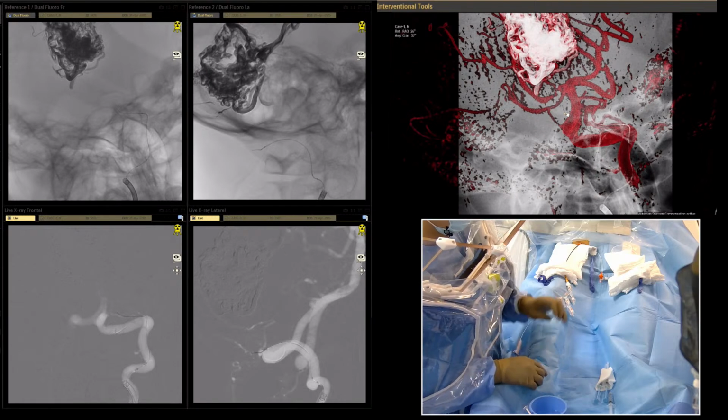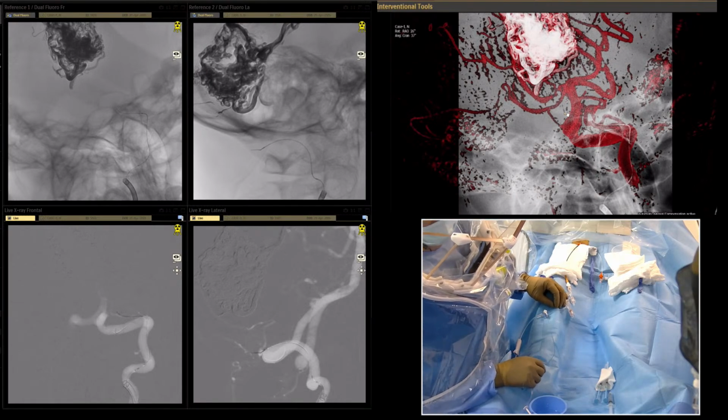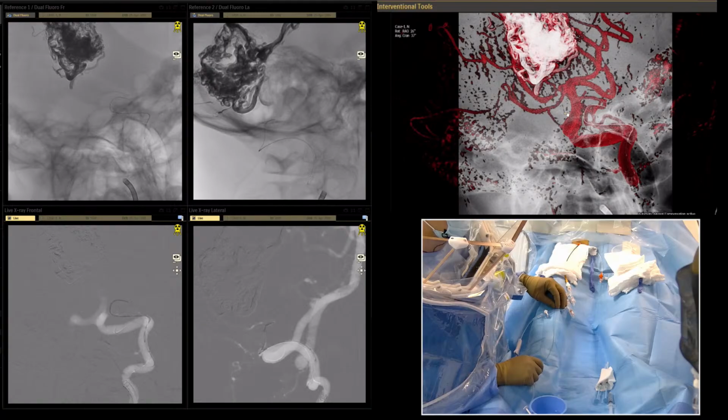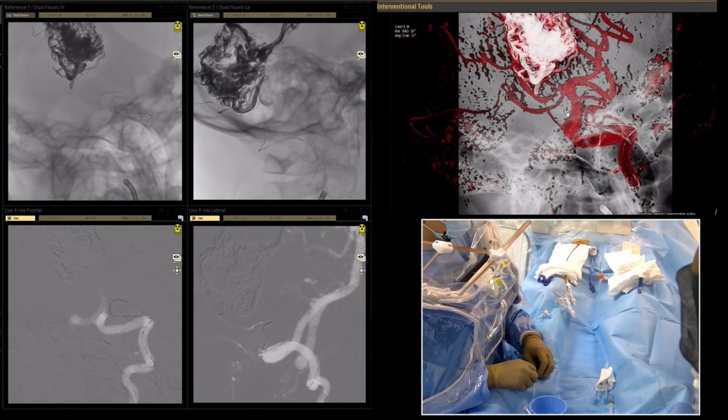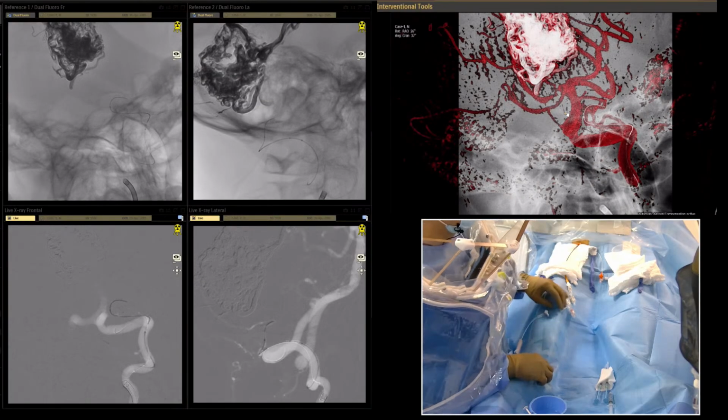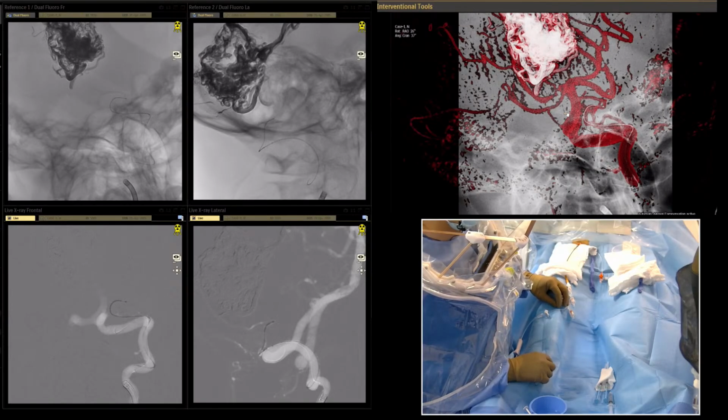Okay, now we're inside. I think there is a small branch. Yes. Let's do it. I think it's a part where we're coming from extracranial to intracranial. Okay, let's send it distally.